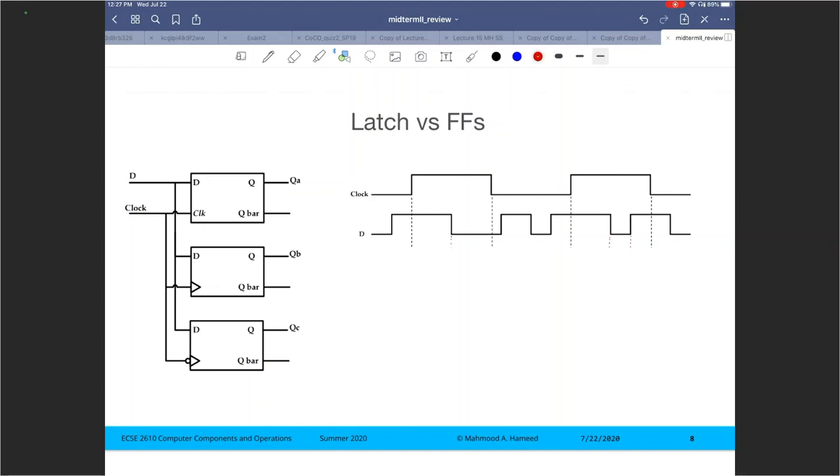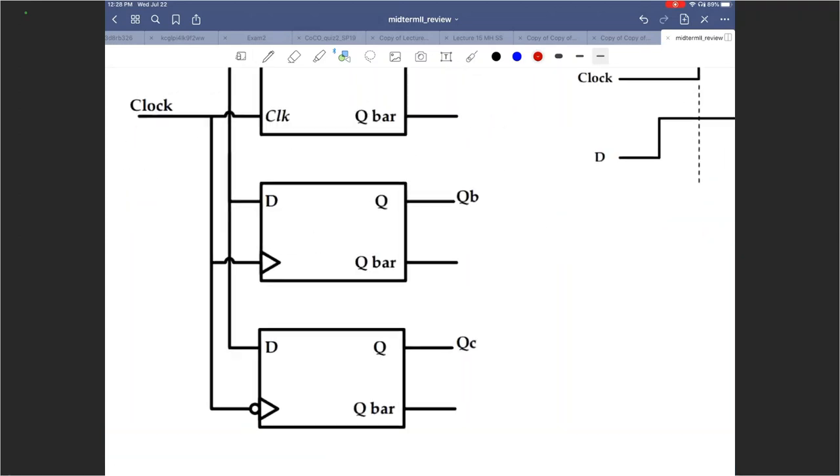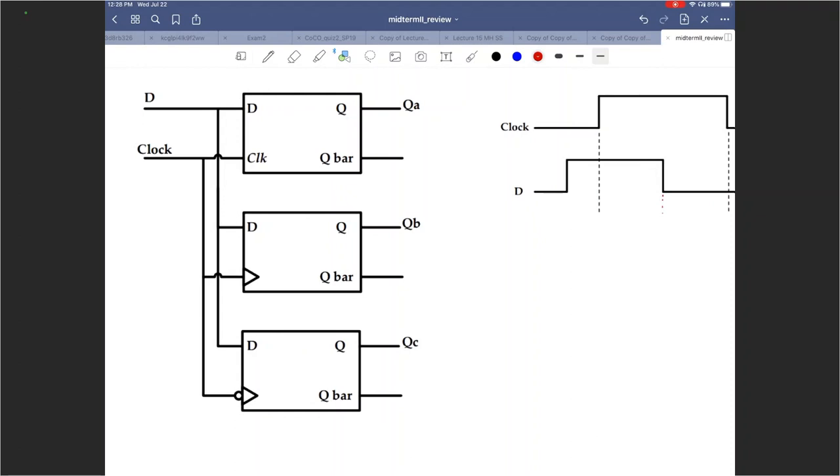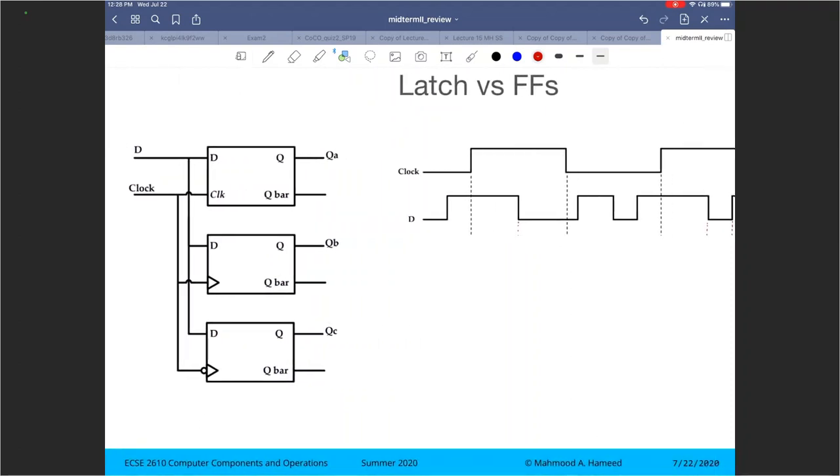All right, so let's talk about this example, which is, I like this idea of comparison between a latch and a flip-flop all in one problem. On the left, what you have is a circuit diagram, a schematic diagram in which there are some D flip-flops and D latches. Based on the symbols, I can recognize what each of these three things are.